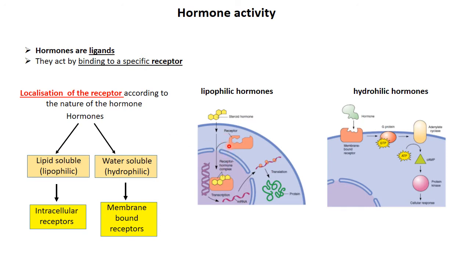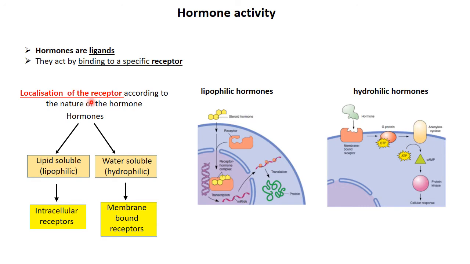They can be either in the cytoplasm or in the nucleus, depending on the type of the hormone. And whenever we have a water soluble or a hydrophilic hormone, like in the case of the protein hormones, they will have membrane bound receptors through which they will exert their action. And now we will see how.